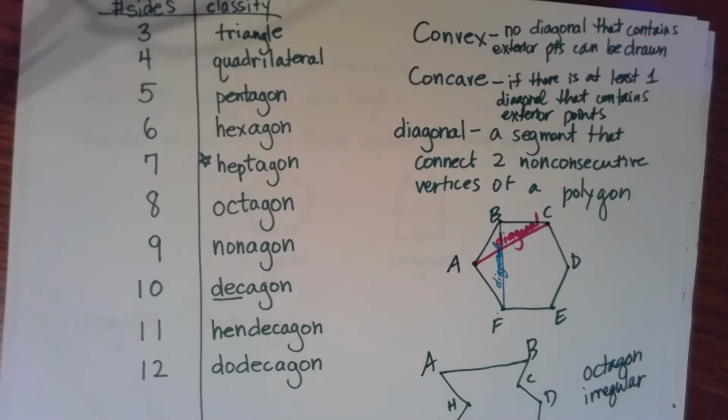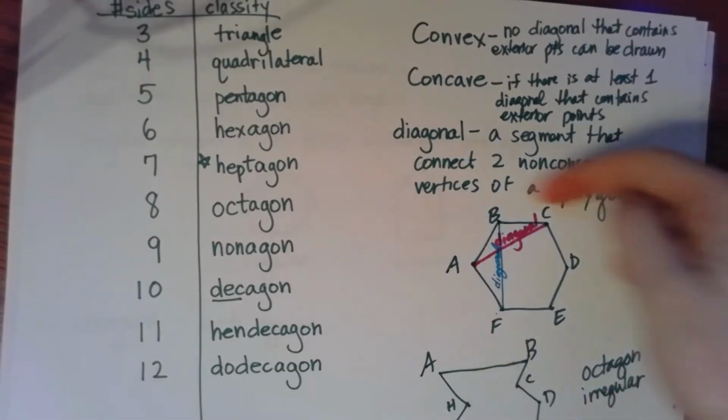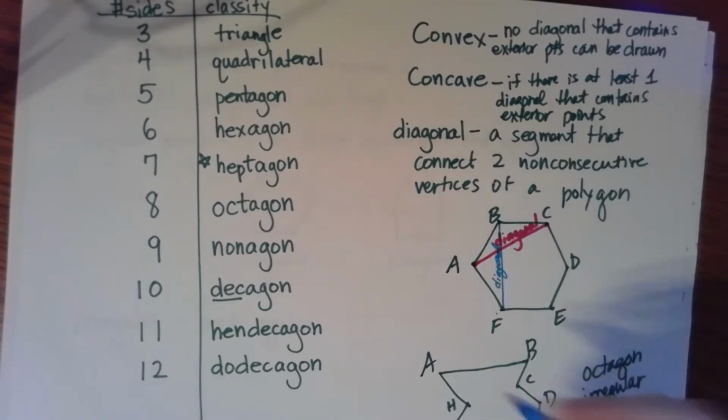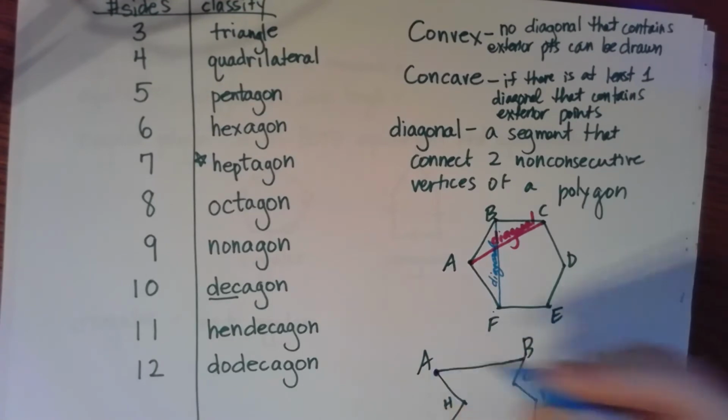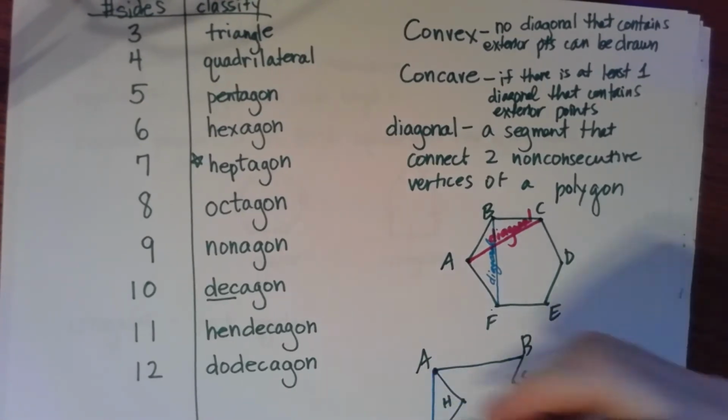To determine that, I have to look at the diagonals. Now, can I draw any diagonals that would contain exterior points? That would be points on the outside of the figure. Here, if I take A and connect it to G, that's a diagonal.